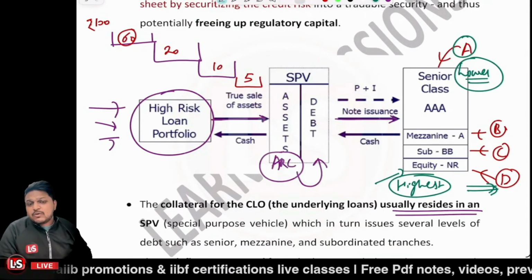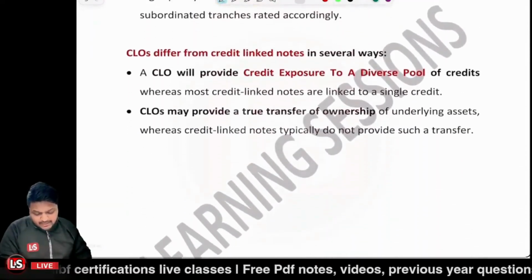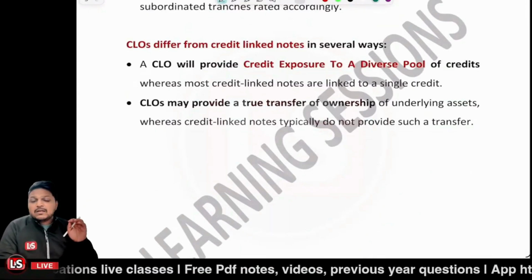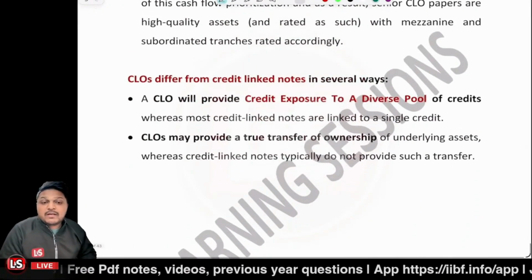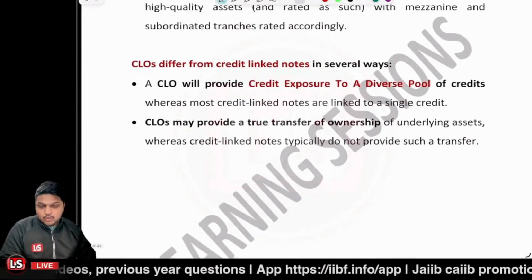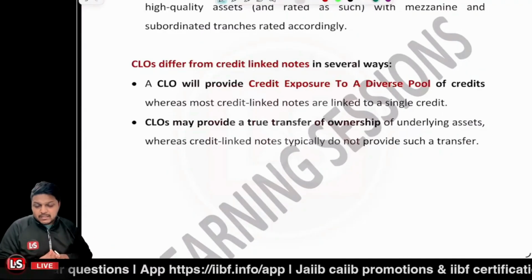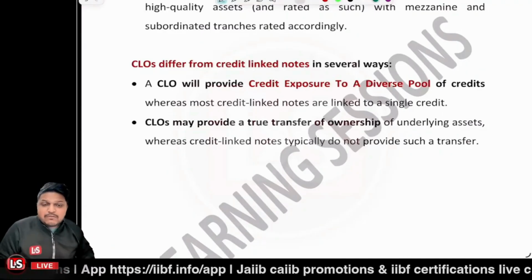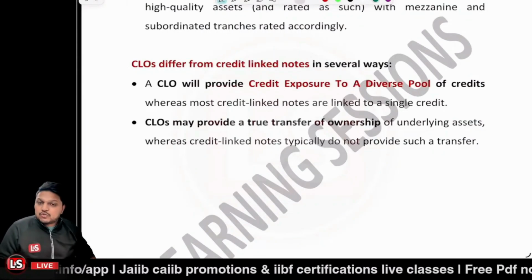And how is the CLO going to be different from the credit linked note? CLO is going to provide a credit exposure to a diverse pool of credits. In the case of the CLO, multiple loans are pooled together, whereas in the case of the credit linked note, there was a single credit against which the security receipts were issued, right?